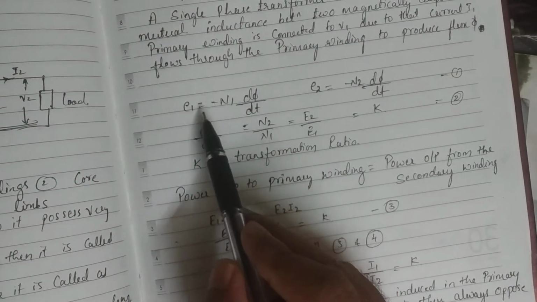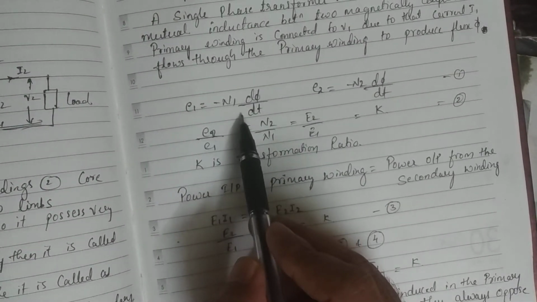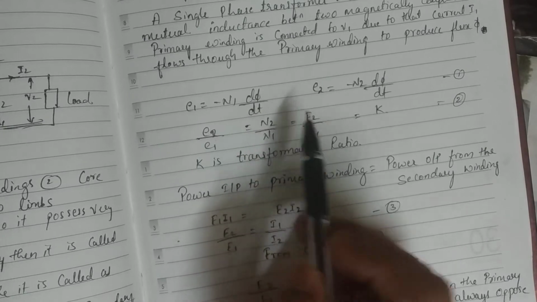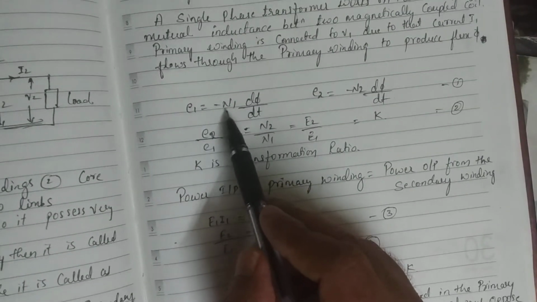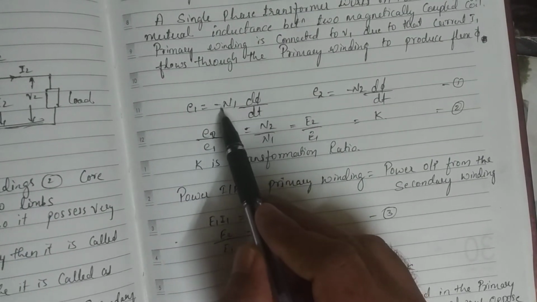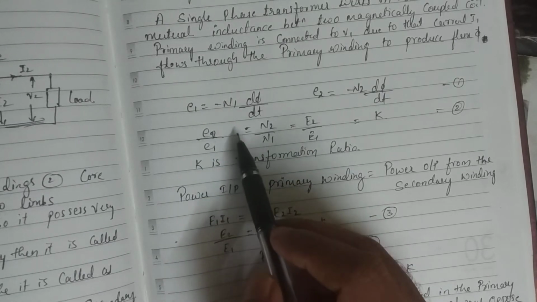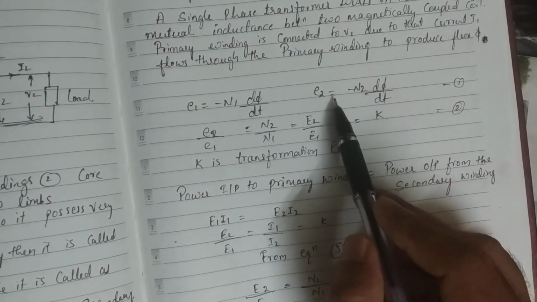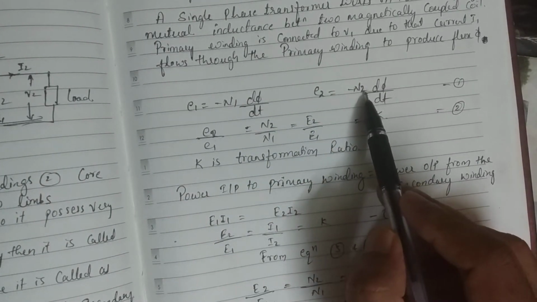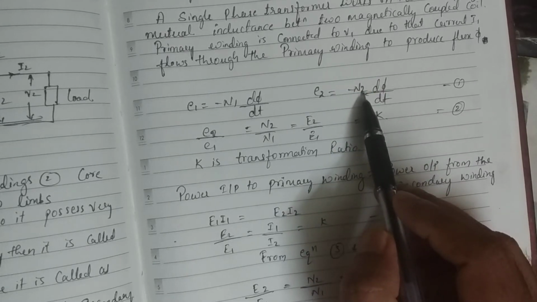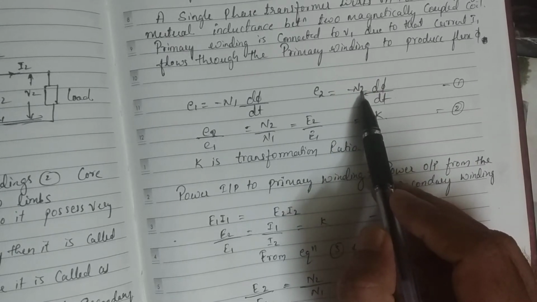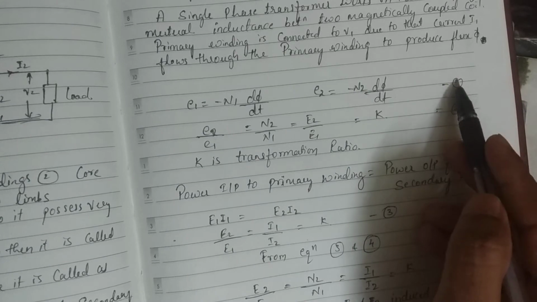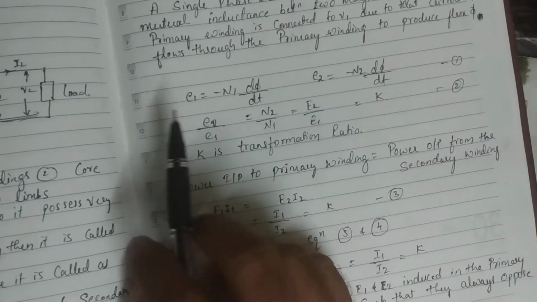So the EMF E1 is given by minus N1 into d phi by dt, because the E1 EMF is generated due to the primary winding and the number of turns N1, and the E2 is generated due to the secondary winding and number of turns N2. So this equation I'll give as equation number 1.